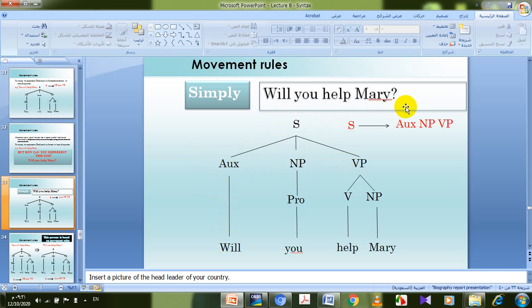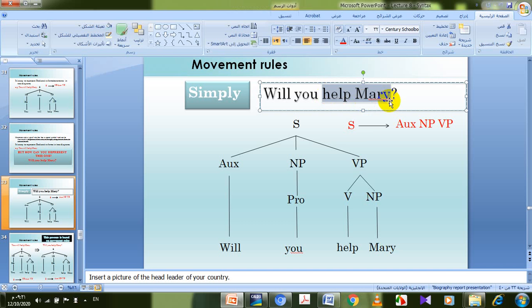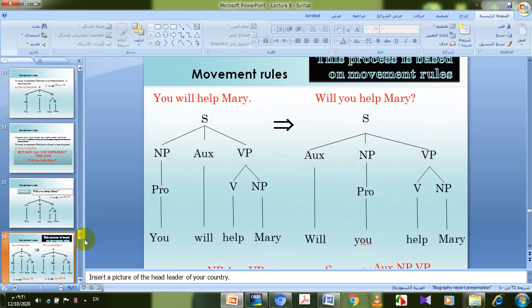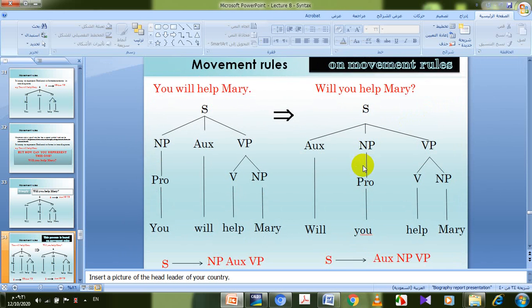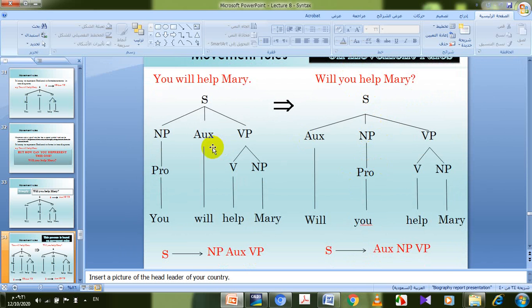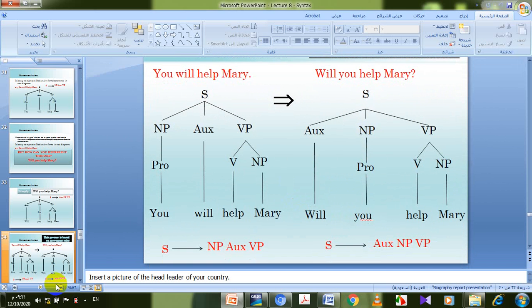You help Mary: noun phrase, pronoun you, and help Mary is the verb phrase, which is subdivided into verb, help, and noun phrase, Mary. Sentence rewrites as auxiliary, noun phrase, verb phrase. It is very, very easy. This process is based on movement rule: a sentence on the right being derived from a sentence on the left, with a special symbol. This is the representation, this is the process.